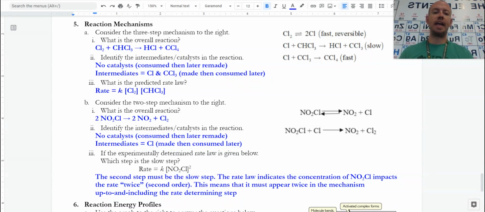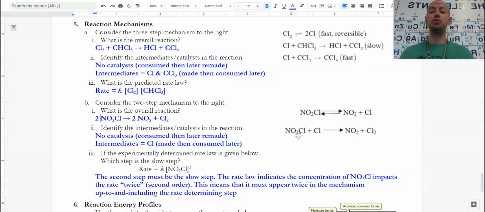That means for this reaction that increasing the concentration of NO2Cl increases the rate of this step, but I need it to appear 2 times, as if adding 2 of those molecules makes it go even faster. So that's why in this instance, the second step must be the slow step.